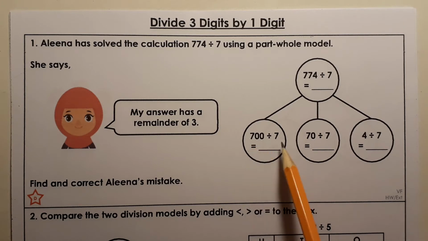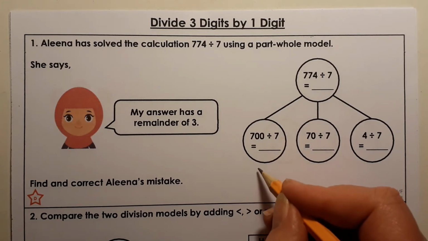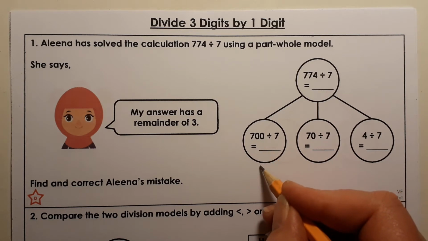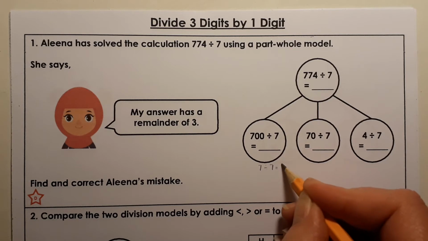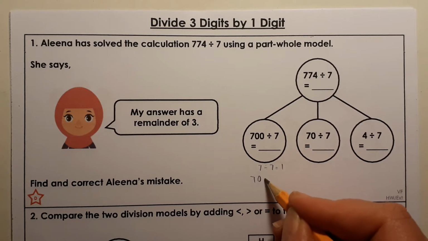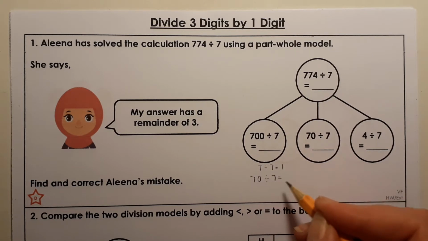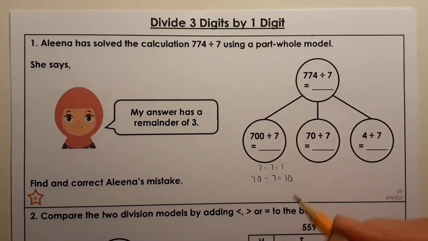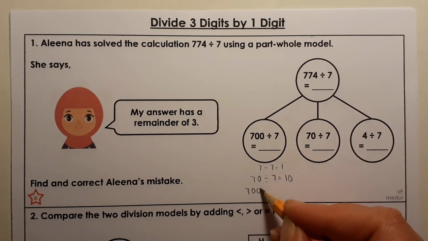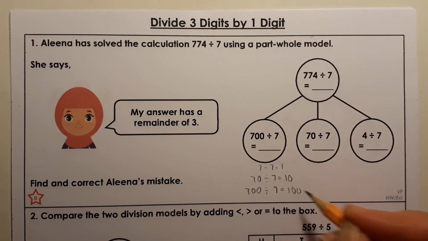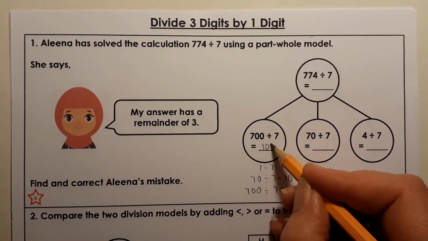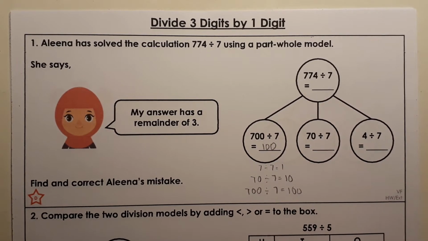So 700 divided by 7, and that's what we've just been calculating and practicing. 7 divided by 7 is 1, 70 divided by 7 is 10, so therefore 700 divided by 7 is 100. So we know this is 100.